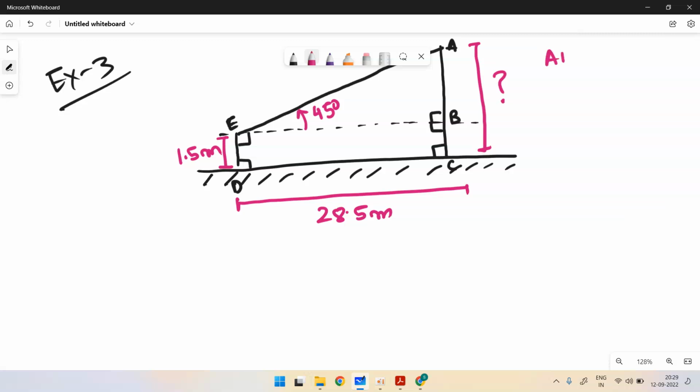You know that AB plus BC equals AC, and this you need to calculate. BC you already know, BC will be equal to DE, which is 1.5 meters.